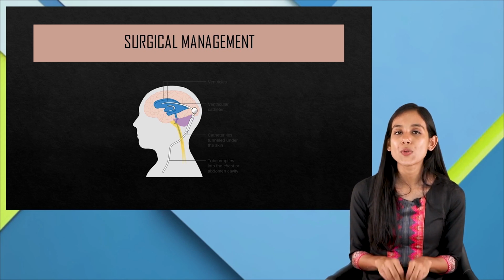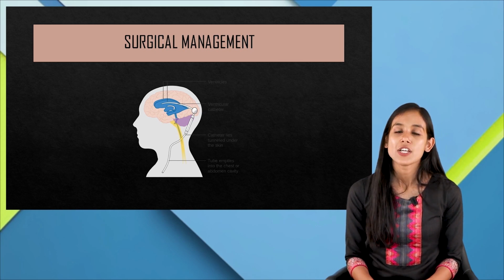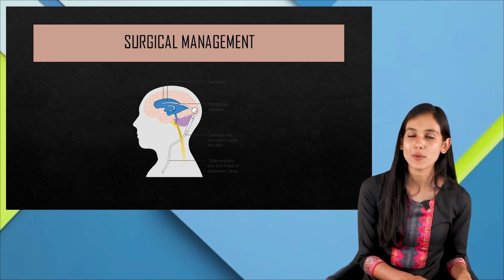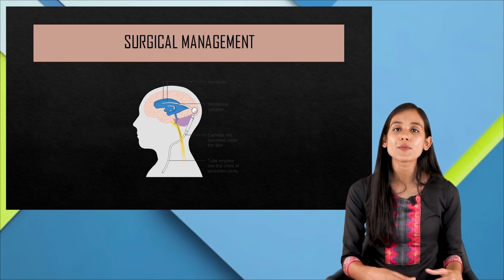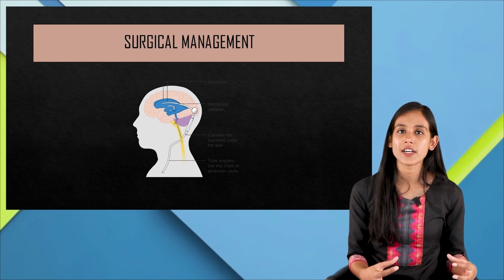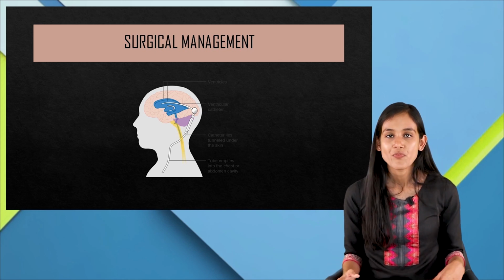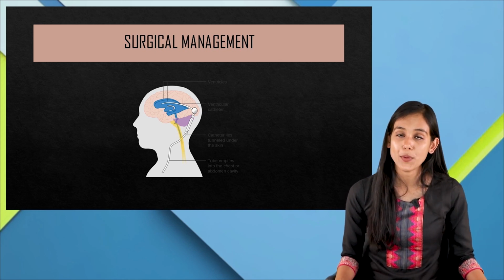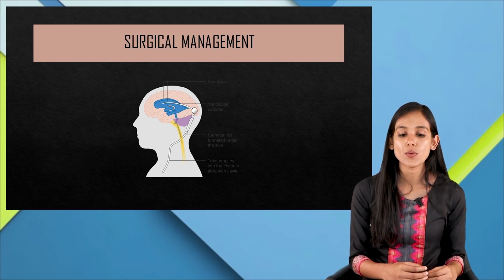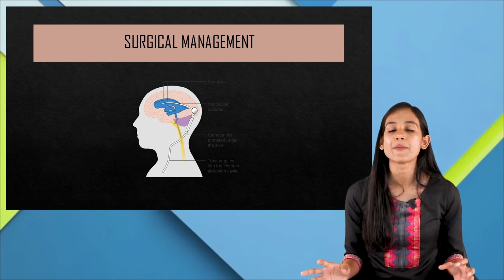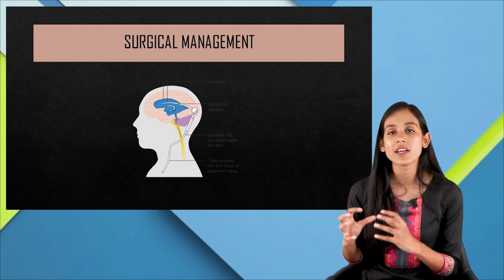So what we basically do in surgical management is divert the flow of the CSF, right? As we have a problem with the absorption, or it might be that there is overproduction of CSF, instead of leaving it there and letting it accumulate, we basically divert the flow. Whatever accumulation is there, with the help of this shunt, we direct the flow of the CSF from the ventricles to the other parts of the body where the CSF can be absorbed.